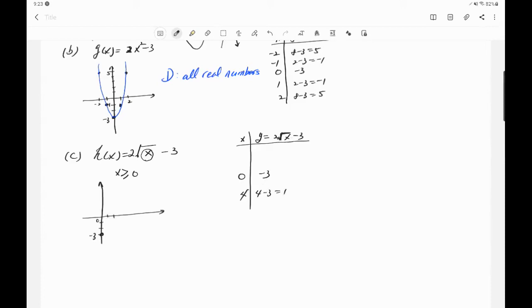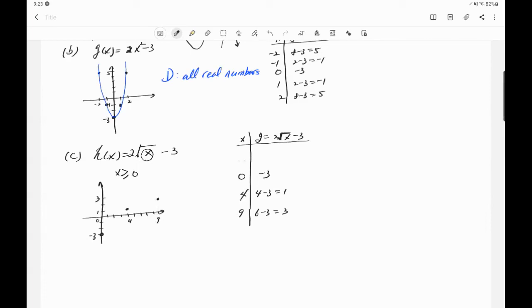So 1, 2, 3, 4, then y equals 1, right? Over here. If x equals 9, let's try 9. Then 2 times 3 is 6. So that will be 3, right? So 4, 5, 6, 7, 8, 9. Let's say this is 9. Then this will be 3 over here.